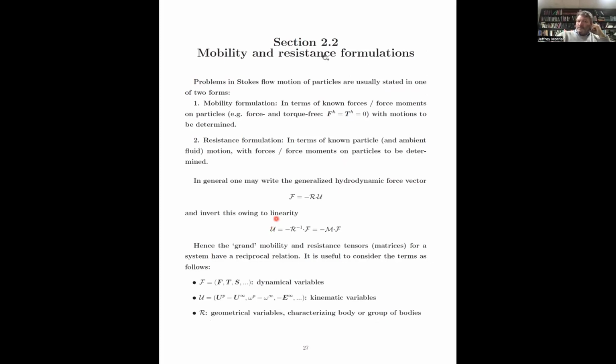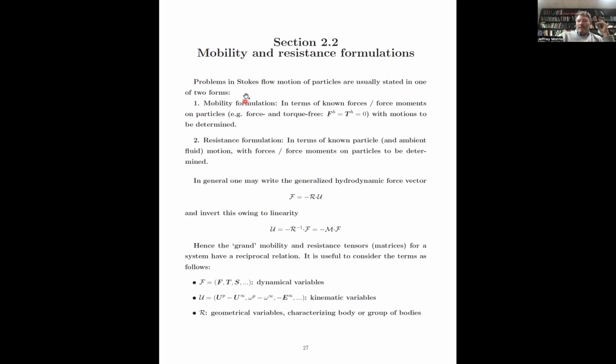Okay, so the idea of taking these far field and near field to describe multiple particle motions, we can start with two particles mentally, so that's where we'll think about things first. But this can be written in either a mobility formulation or a resistance formulation. So these use the resistance or mobility tensors that I've been starting to describe.